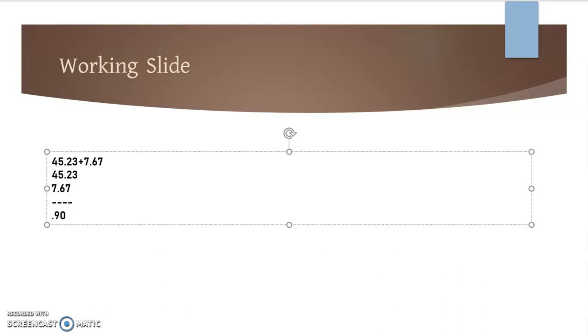Then we put the point there. 5 plus 7 is 12. 1 carry forward. 4 plus 1, 5. 52.90.